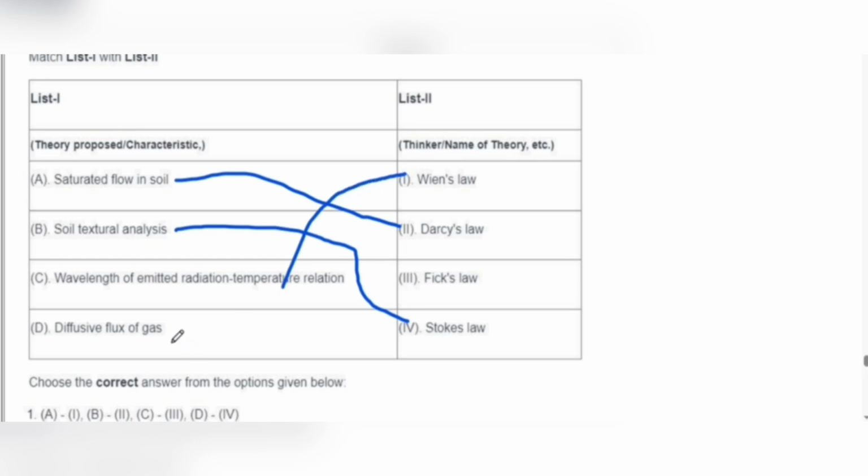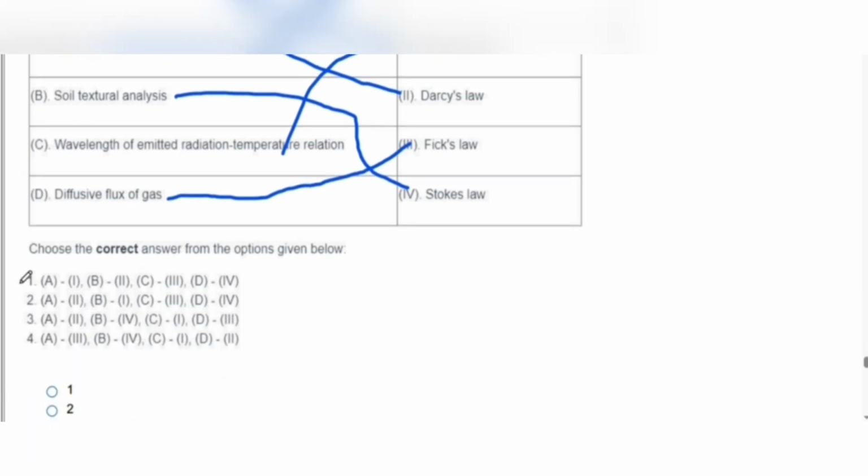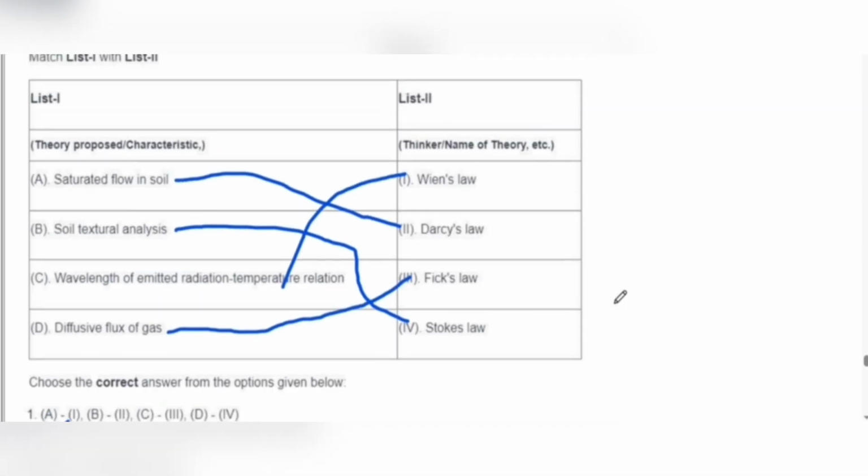And finally, the diffusive flux of gas is governed by Fick's law. It is also called Fick's law of diffusion. So the answer of this question will be A2, B4, C1, and D3. That is option 3.